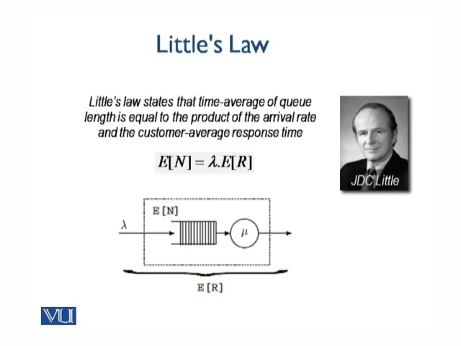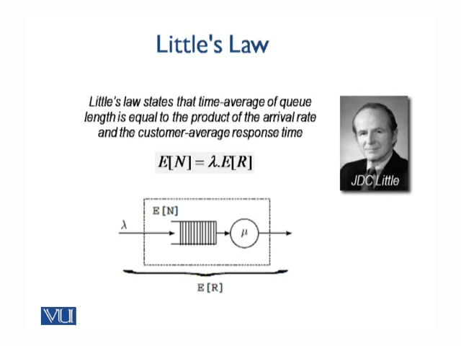So this is a very simple result on its face, but it is also considered a very deep result because of its wide application. We see in the little graph at the bottom of the slide that lambda represents the arrival rate, and the expected value of N is the number of customers that we expect to see in the whole system on average.